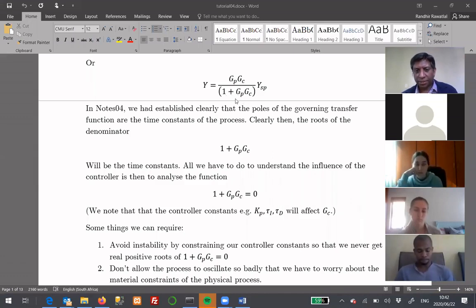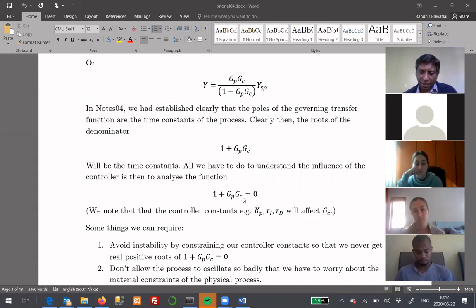So k was the value which made this go to infinity. So if we just find the roots of this denominator, the roots of that denominator will give us the time constant of the solution, and that's going to tell us how the system will behave.